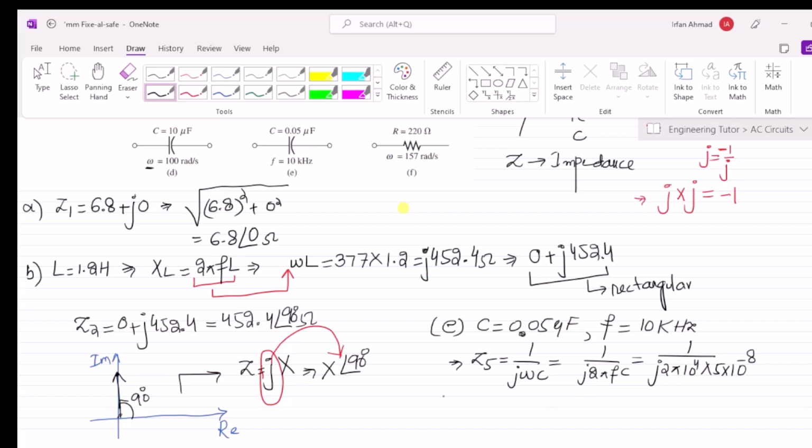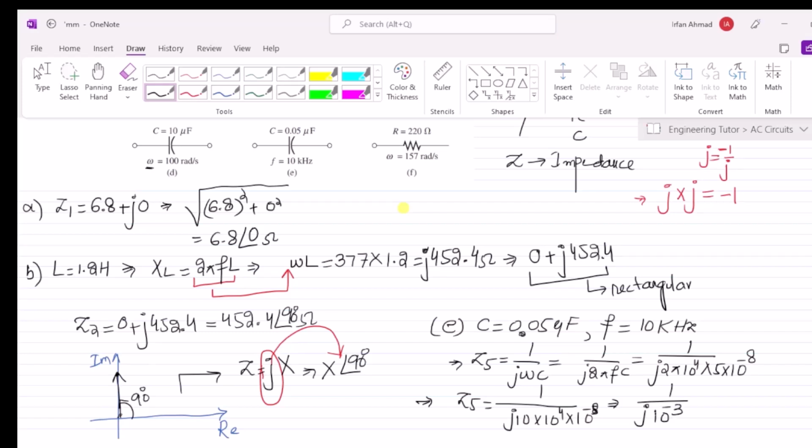Now simplifying, Z5 equals 1 over j, 2 multiplied by 5 is 10, multiplied by 10 to the power 4 into 10 to the power minus 8. So I will get 1 over j and 10 to the power minus 3.